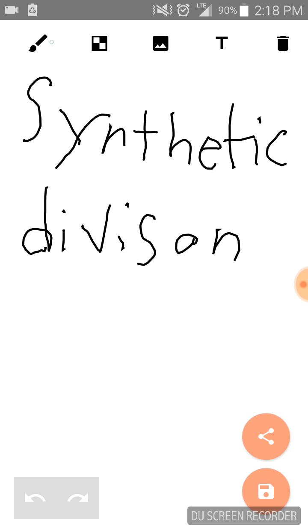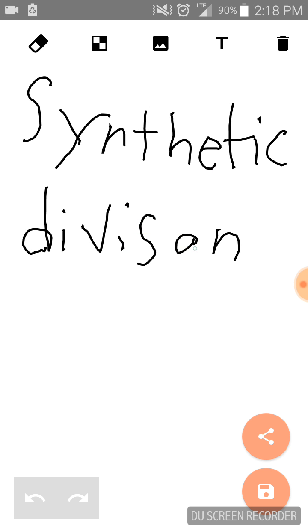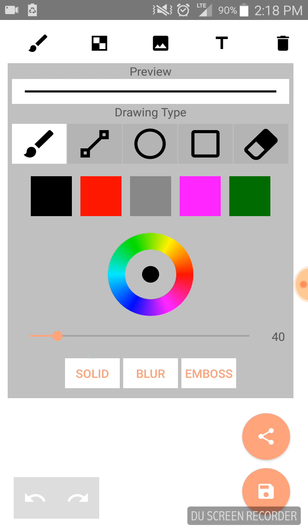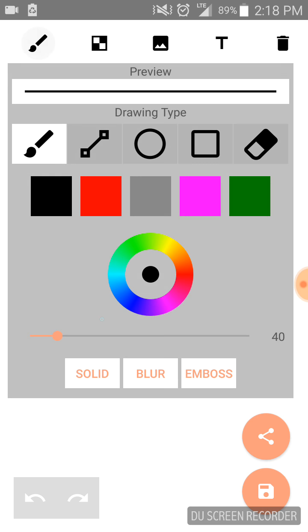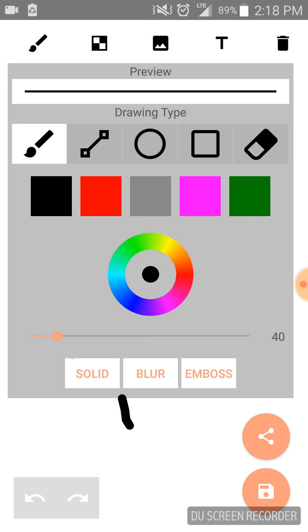So for example, put the eraser, go ahead and get rid of that. Do that, make the job easier. Okay, so let me start by writing a problem.